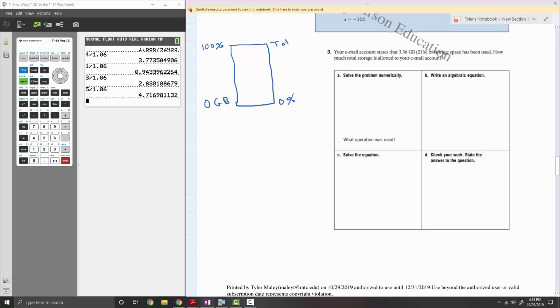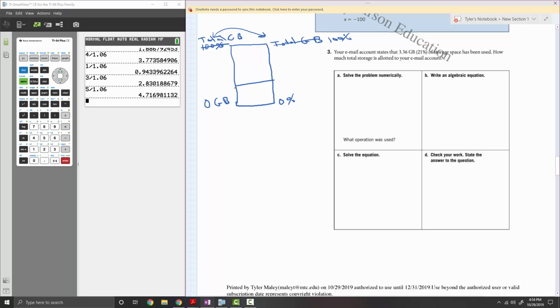So this would be the total gigabytes, and then what we know is somewhere between 0 and 100%. Whoops, I should have flipped these so that it's consistent. Sorry about that. Just to have the percents on the same side, so you could fix that in your notes if you wanted. Make this 100%, and this be total gigabytes.